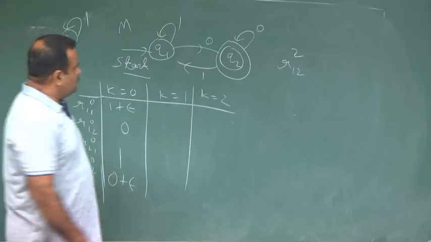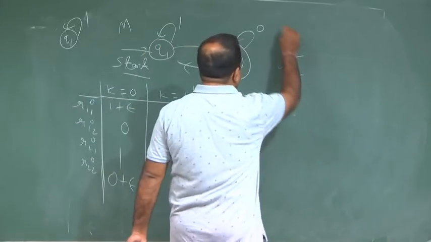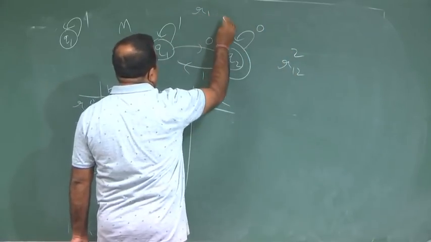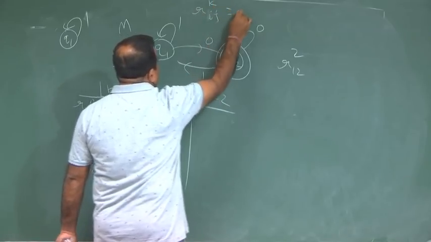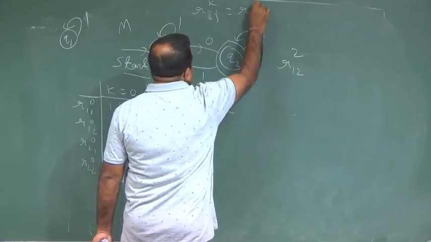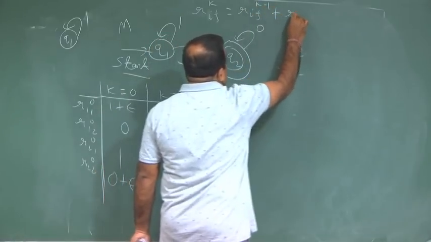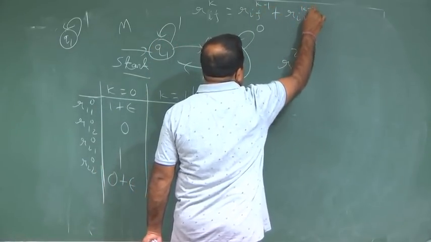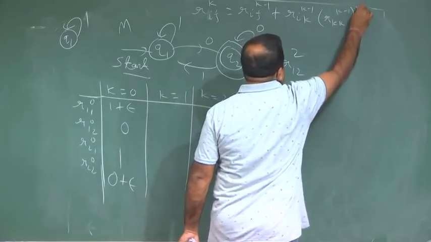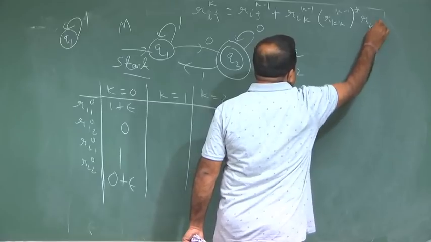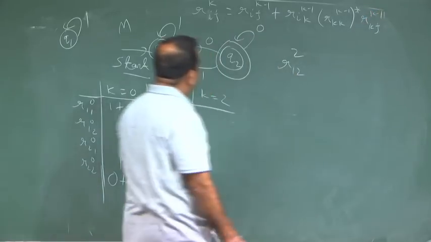Okay. Now, this one we need to fill. To fill this one, we need to use the formula R i j k is equal to R i j k minus 1 plus R i k k minus 1 R k k k minus 1 star R k j k minus 1.